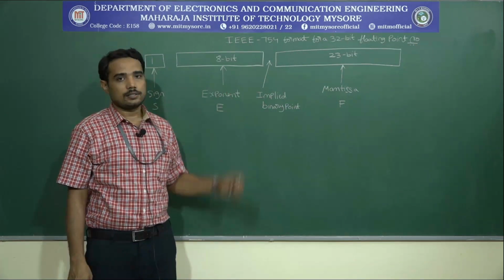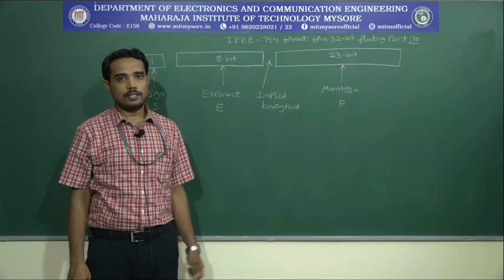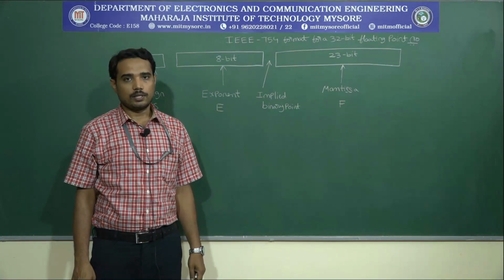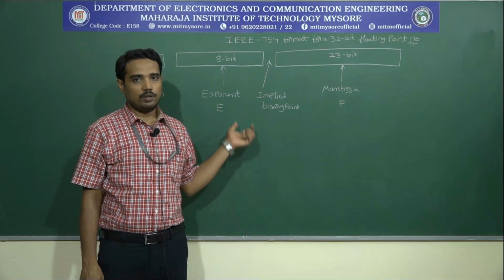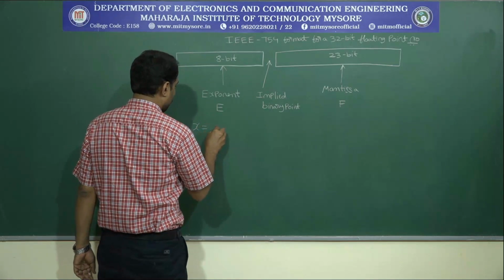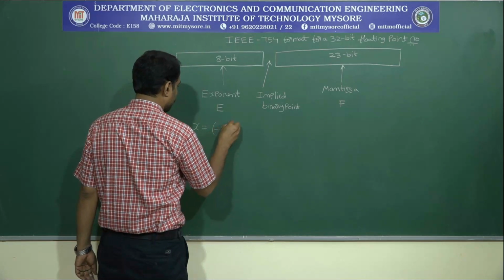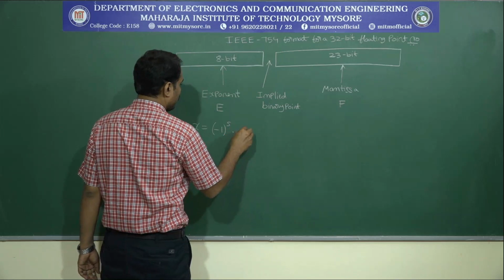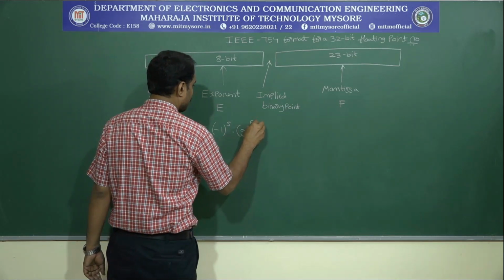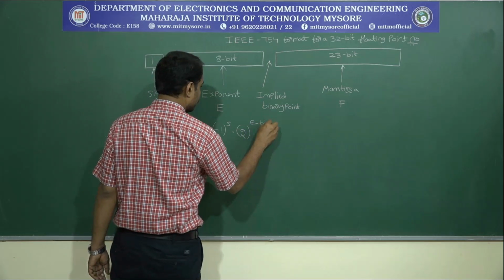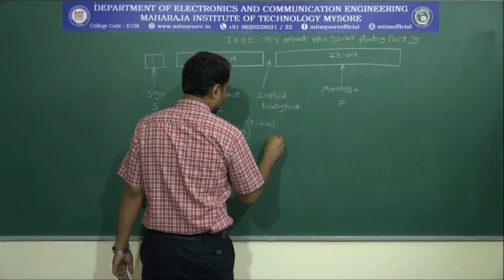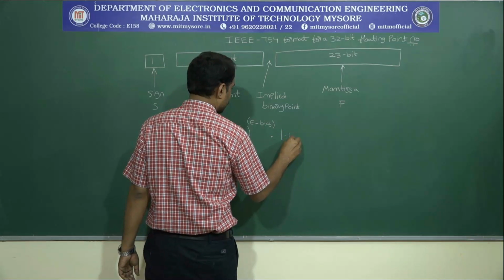After writing the scheme of the IEEE 754 32-bit floating point number, now let us represent the value of x. x is equal to minus 1 whole to the power s into 2 to the power e minus bias into 1 dot f.